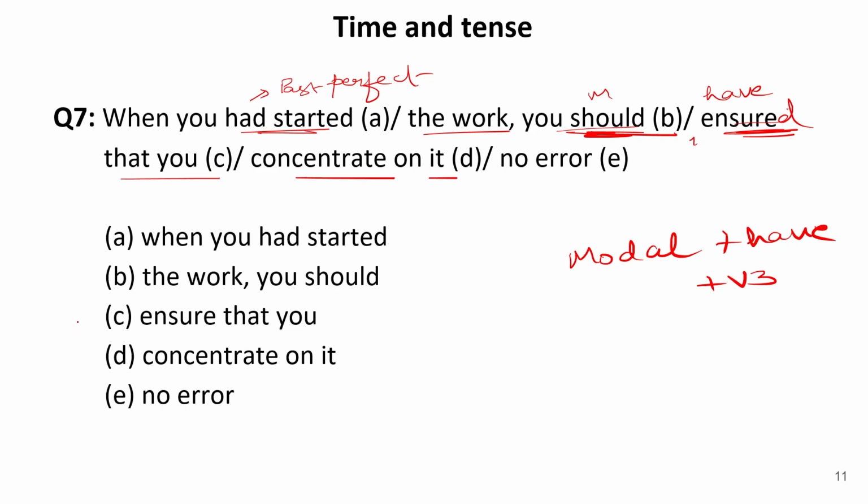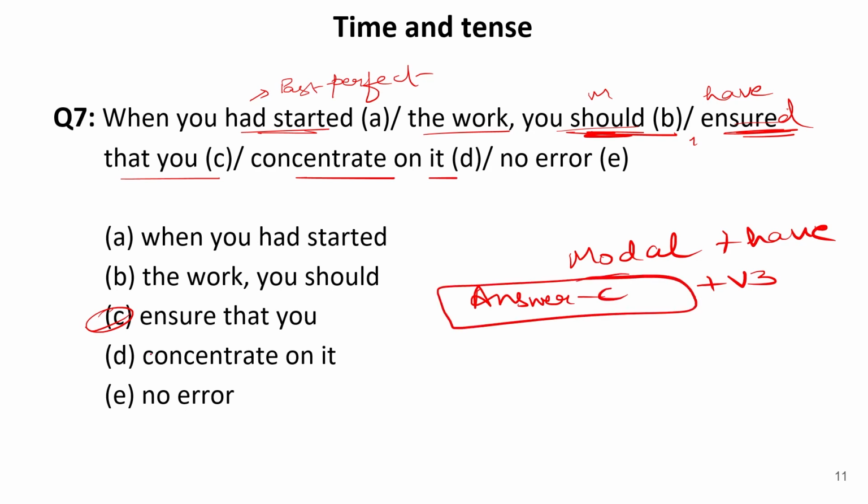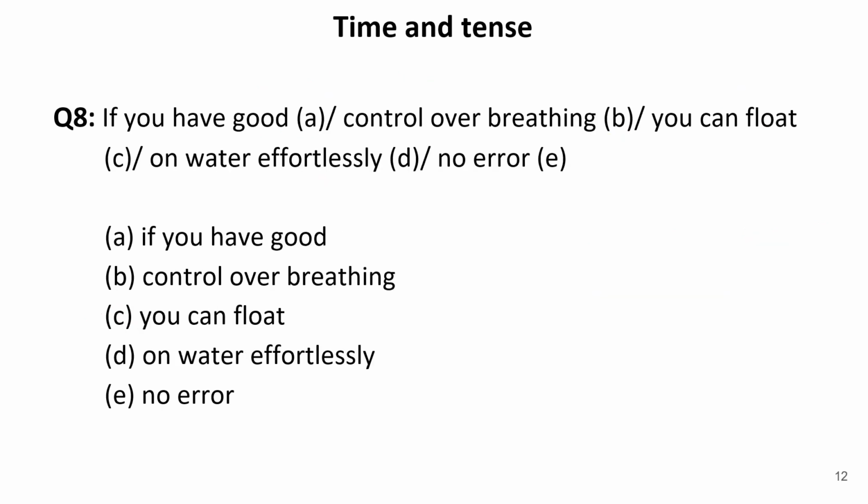Therefore, the error is in part C. So our answer is C, and the sentence is: when you had started the work, you should have ensured that you concentrate on it. This is the correct sentence. Now let us move to the next one.